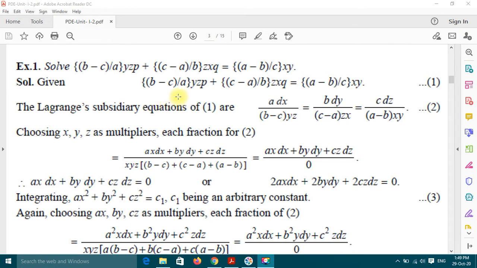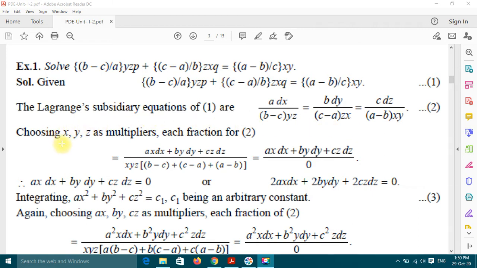Comparing this with Pp plus Qq is equal to R, we get capital P is (b minus c) upon a into yz, capital Q is (c minus a) upon b into zx, and capital R is (a minus b) upon c into xy. So the Lagrange subsidiary equation is a dx upon (b minus c) yz is equal to b dy upon (c minus a) zx is equal to c dz upon (a minus b) xy.